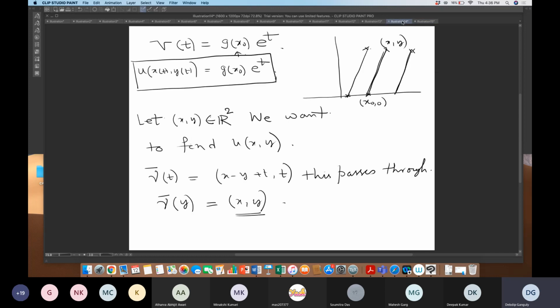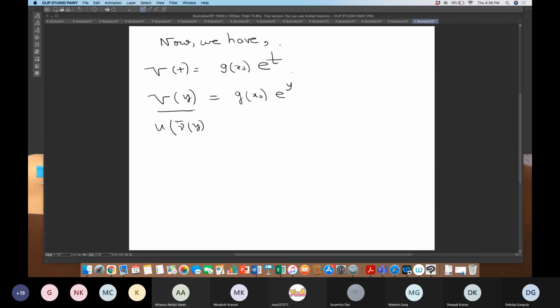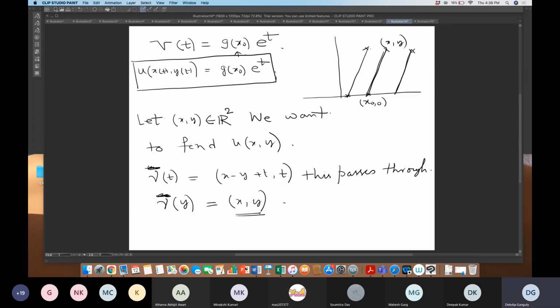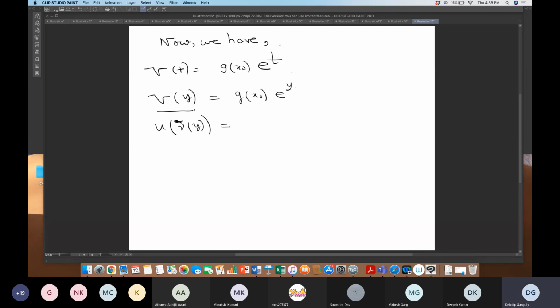Sorry, this is the same gamma. What is u of gamma y? Gamma y is x and y, so u of gamma y is u of x comma y. So we have u of x comma y equals g of x naught into e to the power y. Clear? And what is x naught? As previously, this is x minus y.